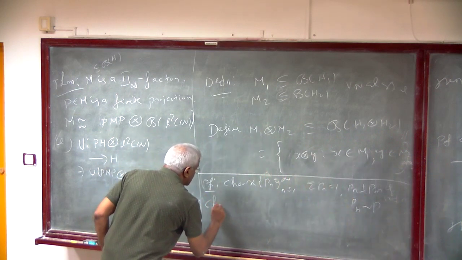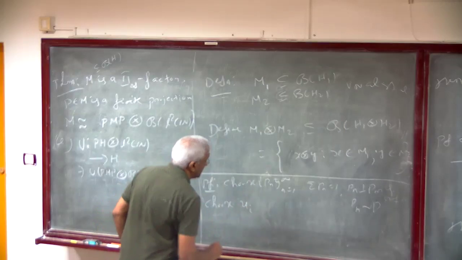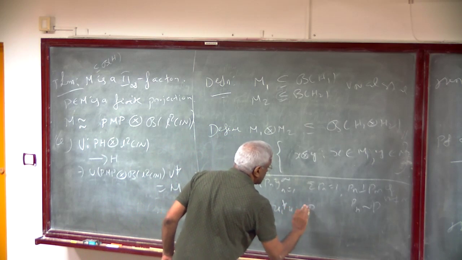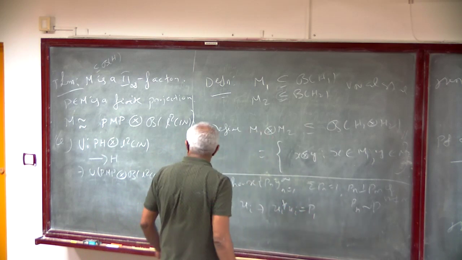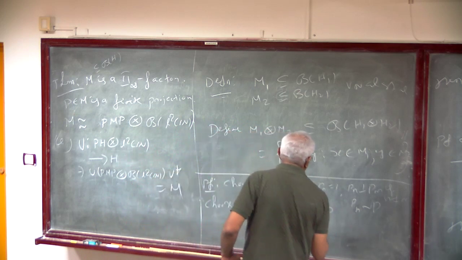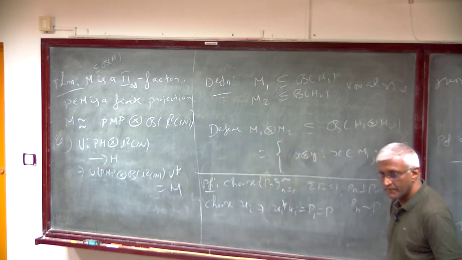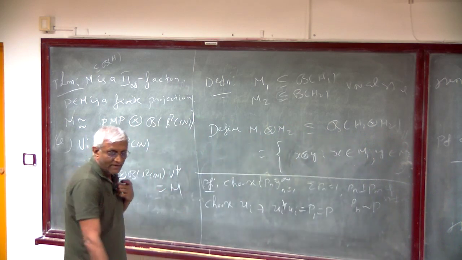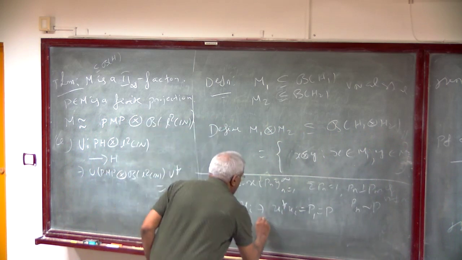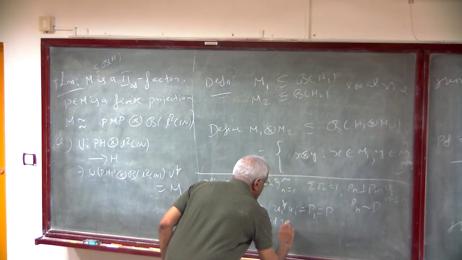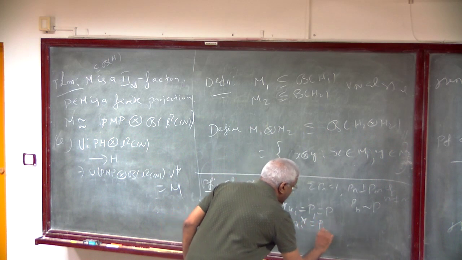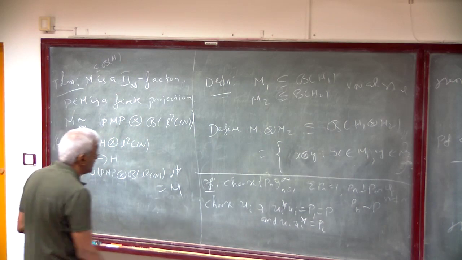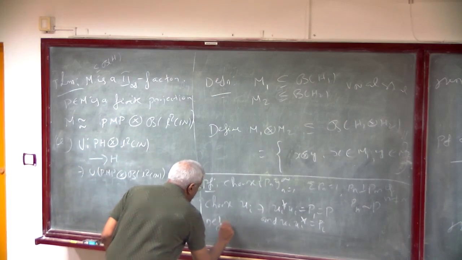And choose partial isometries Ui such that Ui star Ui equal to P1, or whatever, P1 equal to P. You take your P1 equal to P, or you change your P, take something, it doesn't matter. P and Ui Ui star equal to Pi. They are all equivalent. Now define U. We will write it there.